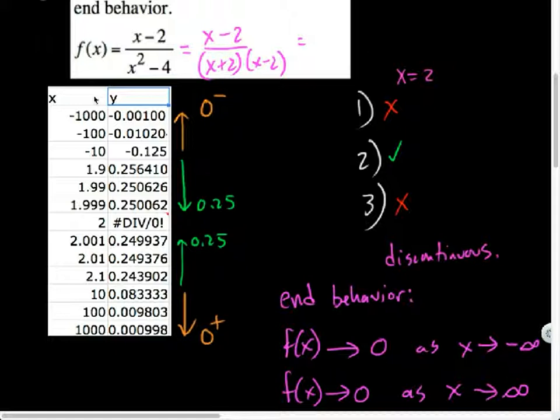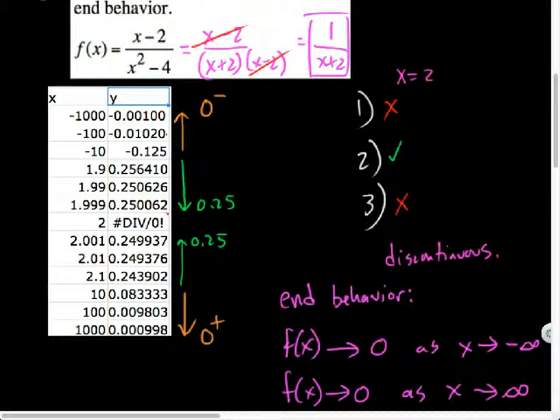And then I could cancel out the x minus 2's, but in doing so, I'm allowing an illegitimate answer into my problem if I don't consider the fact that the domain was restricted, where x could not equal positive 2, because positive 2 would make the denominator 0. So this graph will look like this graph. It will just have a hole in it when x is equal to positive 2, because I eliminated that.